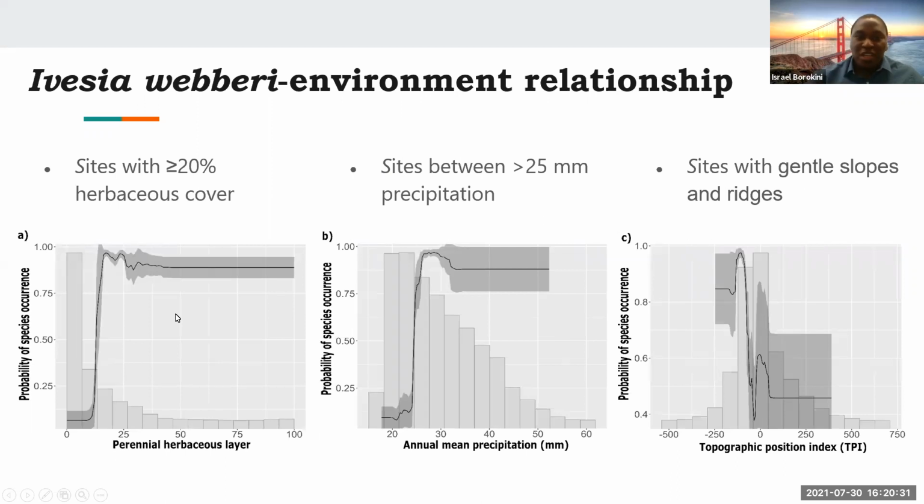We generated the partial response plots for each of these variables, and we found that the probability of finding Ivesia webberi increases in sites that have greater than 20% perennial herbaceous cover, that receive at a very minimum 25 millimeters of summer precipitation, and that have gentle slopes or gentle ridges. Those are the areas that are suitable for this species.